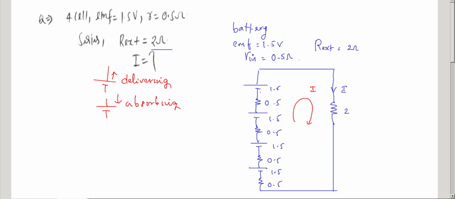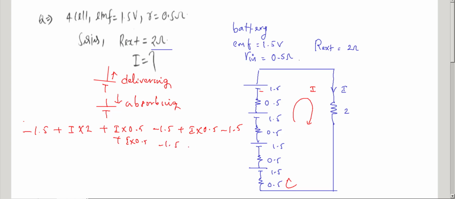Applying KVL from here: minus 1.5 plus I into 2 plus I into 0.5, minus 1.5 plus I into 0.5, and so on, equal to 0.